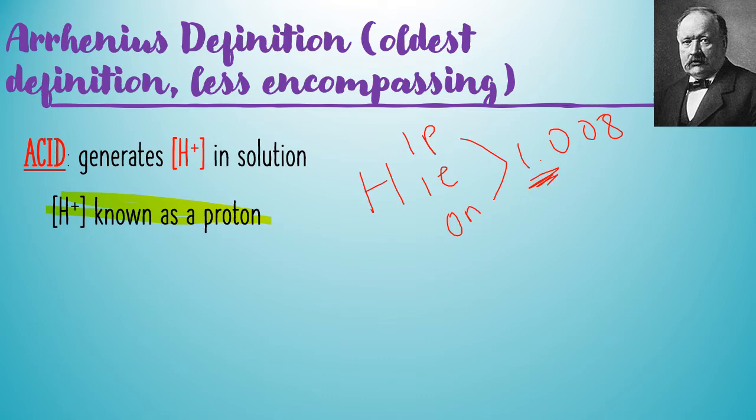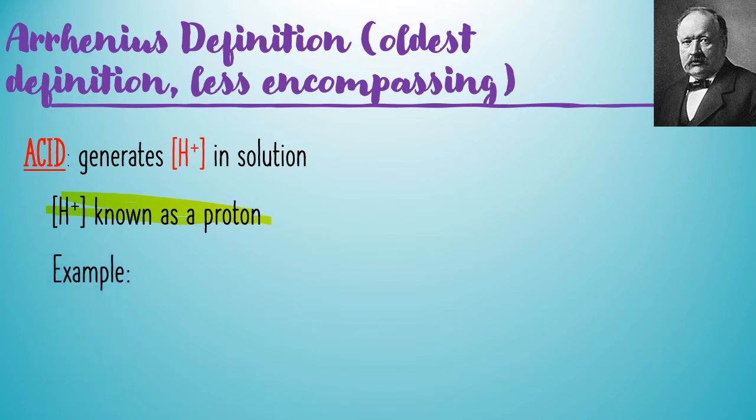So when it's H plus, that plus charge means it lost an electron. Remember, it's positive, it lost an electron, so there's not an electron, there aren't any neutrons, so really it's just 1 proton. That's why you'll see a hydrogen ion called a proton. Those words are interchangeable in this case.